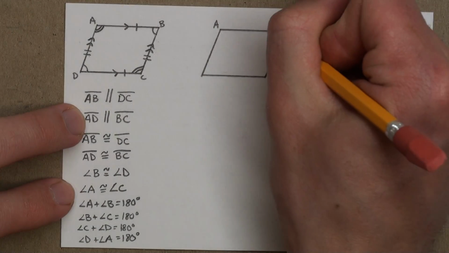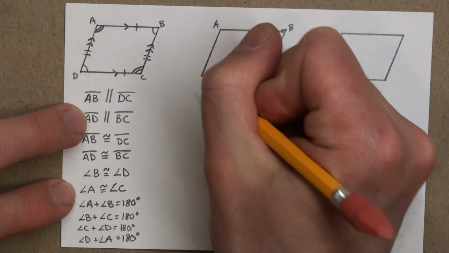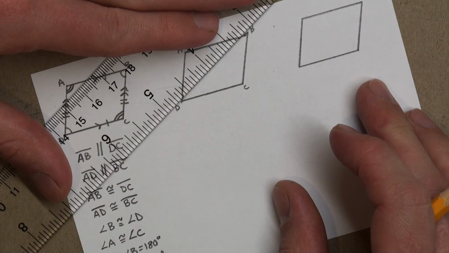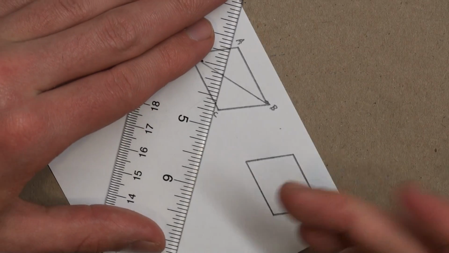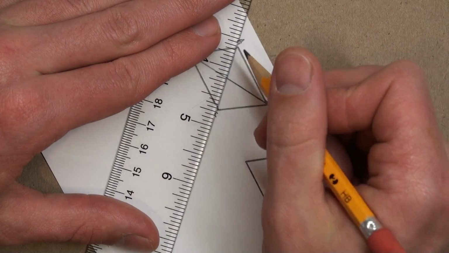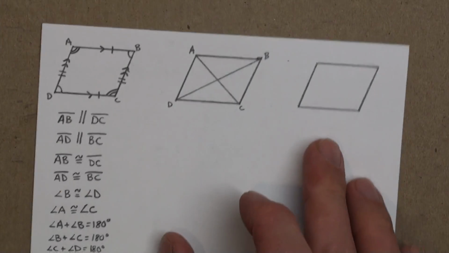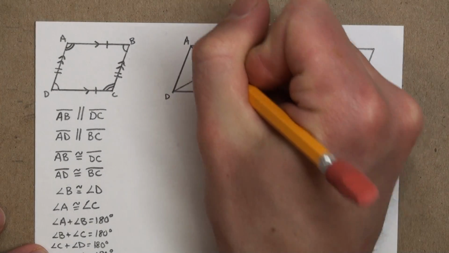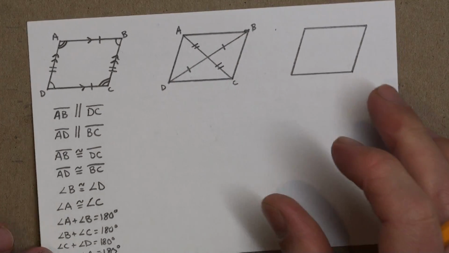So those are the first properties of a parallelogram. Now there are more properties, but my picture would have gotten too clogged over here, so now I'm going to draw these other properties on this other parallelogram, and this one has to do with the diagonals. Okay, and it says the diagonals bisect each other. So that means that this piece is congruent to this piece, and this piece is congruent to this piece.